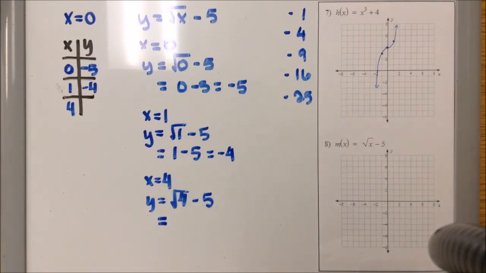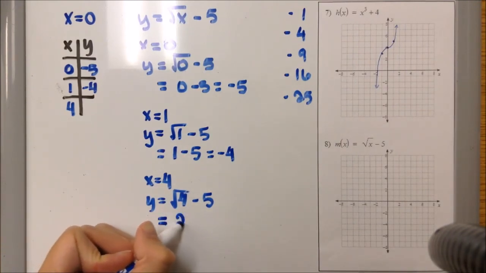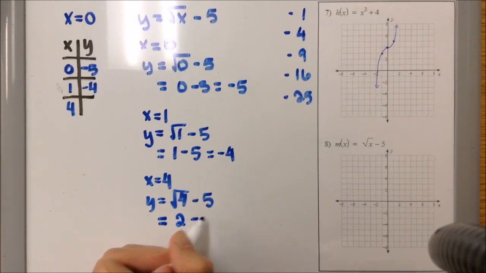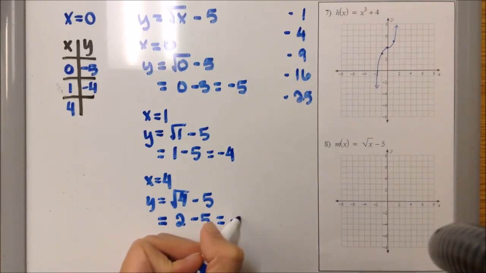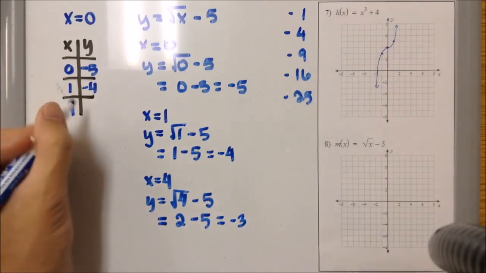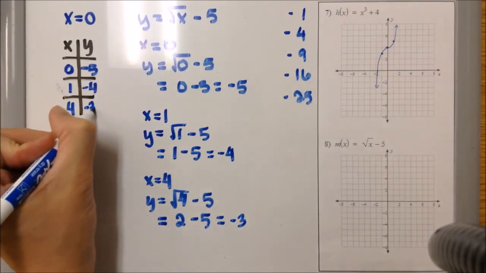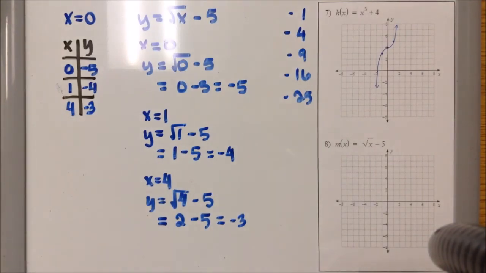And the square root of 4 is just 2. And bring down the minus 5. So 2 minus 5 will become negative 3. So I'm going to write negative 3 here. Alright, we got our 3 coordinate points.